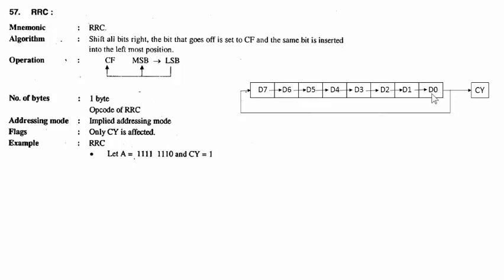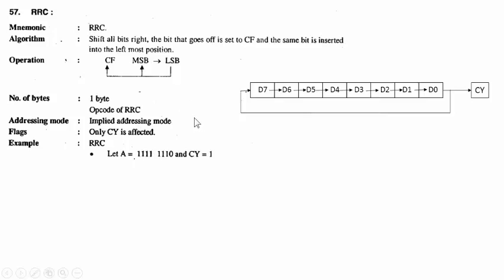The next rotate instruction is RRC, rotate accumulator content right with carry. So here in the shift right operation, the D0 bit gets shifted to the carry flag bit, and also this D0 bit gets shifted to D7.